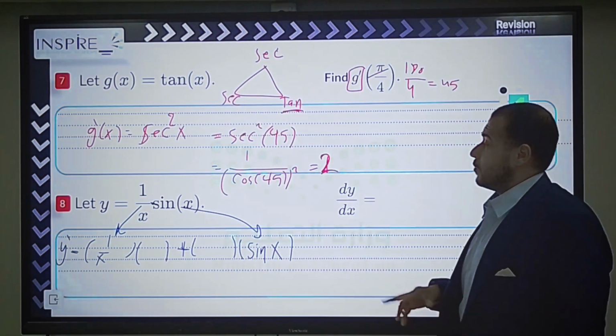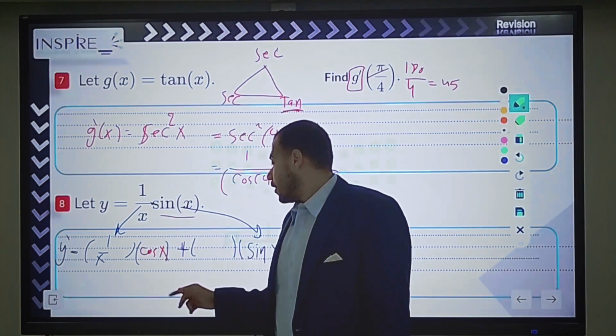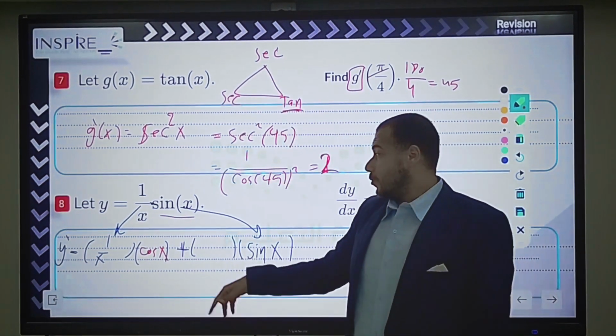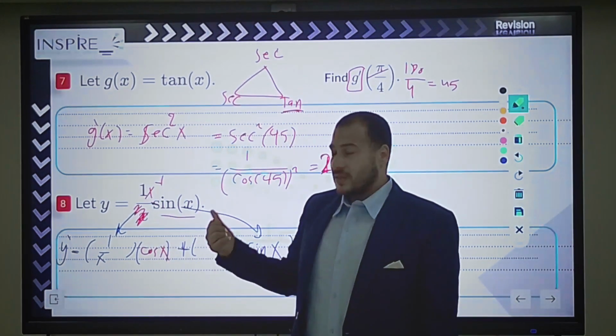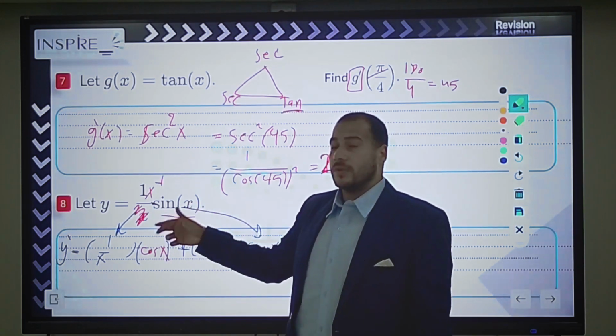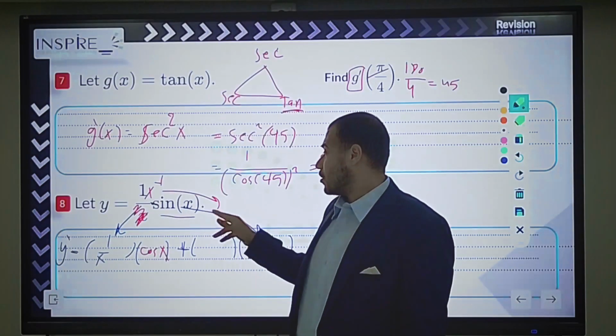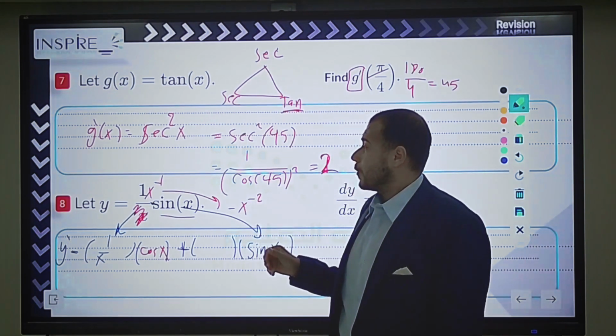Okay, let's get the derivative of the second function. What is the derivative of sine x? It will be cosine x. What is the derivative of 1 over x? Remember, you will change this one to x power negative 1 and use the power rule. Negative 1 times 1 will be negative 1, subtract 1, it will be negative 2. So the derivative of this is negative x power negative 2.